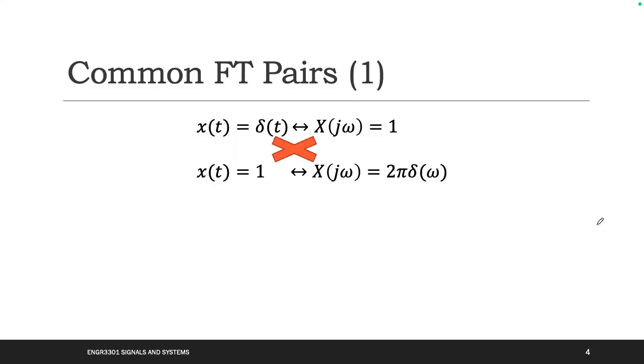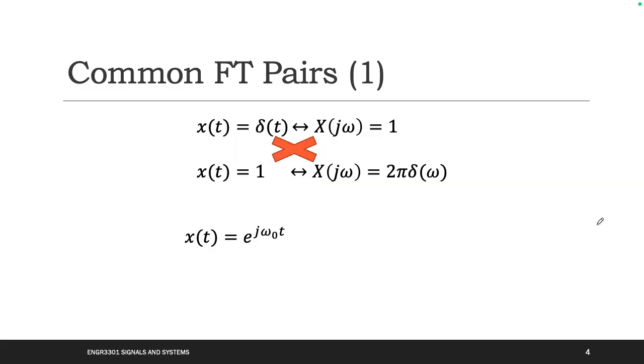You can see it's sort of corresponding: if your signal is delta(t), your FT is 1. If your signal is 1, your FT is related to delta(omega). It's similar, if you want to remember it.